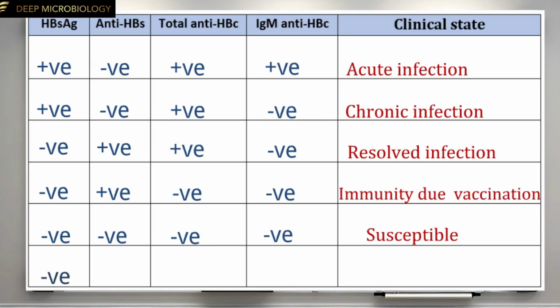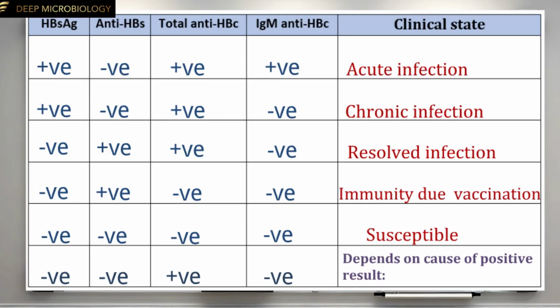Negative HBsAg, negative anti-HBs, positive total anti-HBc, and negative IgM anti-HBc results can have several interpretations depending on the case.